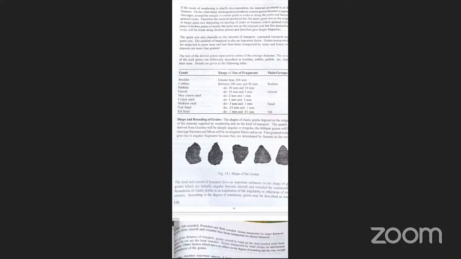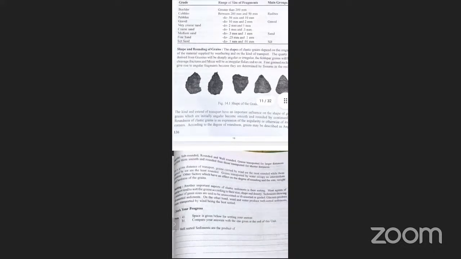As per roundness, the grain may be described as angular, subangular, rounded and well-rounded. That depends on the transportation of the material, and finally the distance also plays a very important role.